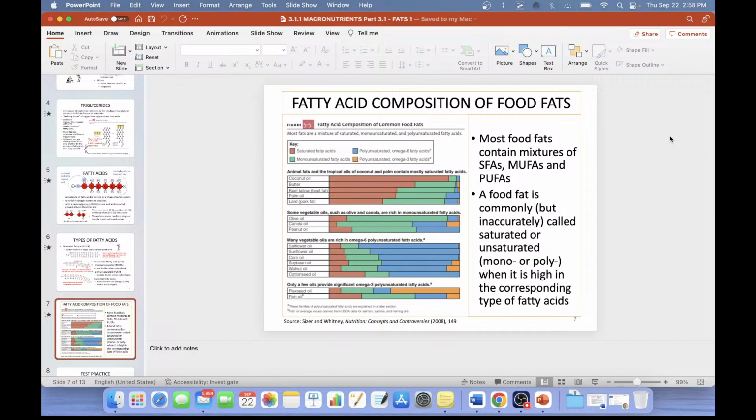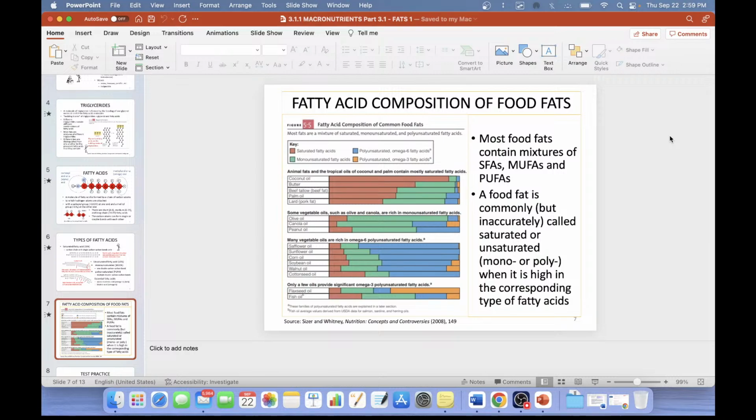If we look at the vegetable oils, then we see a prevalence of unsaturated fatty acids, where olive oil is very rich in monounsaturated fatty acids, and then the oils in the third block, sunflower, corn, soybean, walnut, and cottonseed oil, have a prevalence of polyunsaturated fatty acids.